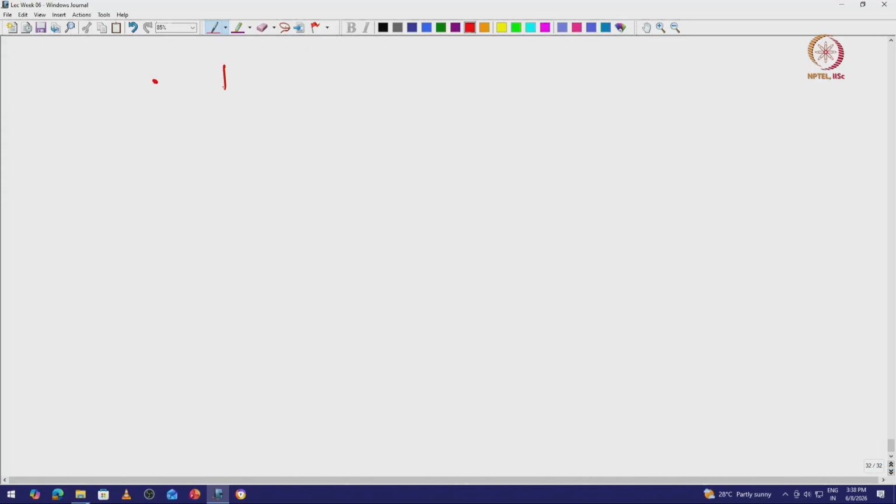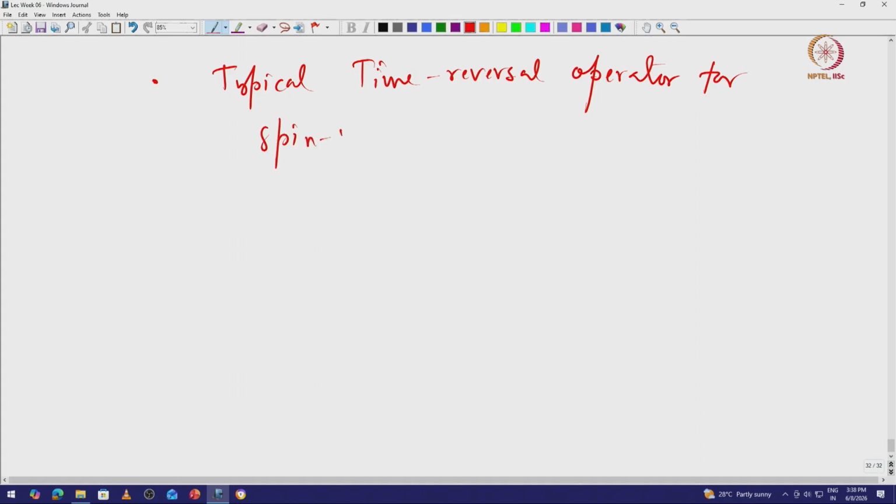So, a typical time reversal operator for the spin half case.